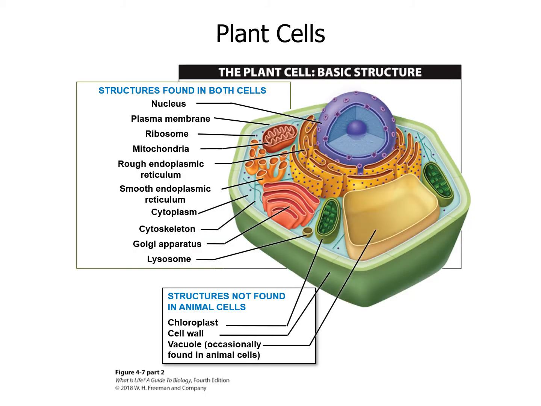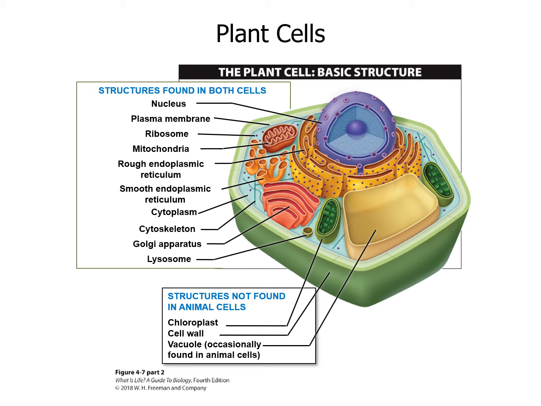Now we have our plant cells. So pretty much just about everything is the same, aside from just a few things. So structures that are found in plant cells that are not found in animal cells include chloroplast. So make a little note, it is chloroplast, not chloroform.